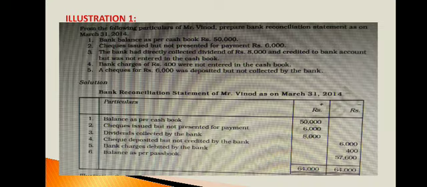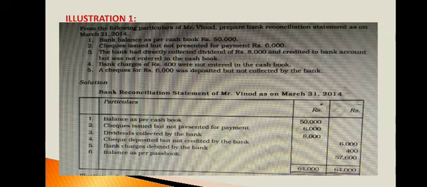Here the bank balance as per the cash book is given, and it is a favorable balance of 50,000 rupees. So the starting point will be the balance as per the cash book, 50,000, and we'll prepare a statement which will end with identifying the balance as per the other book, that is the passbook.